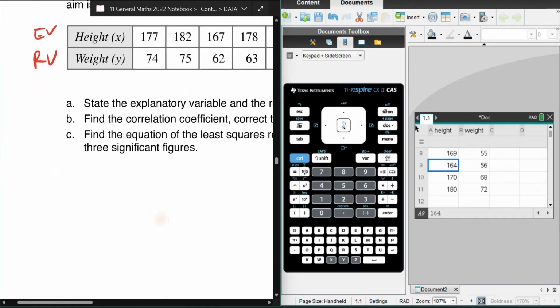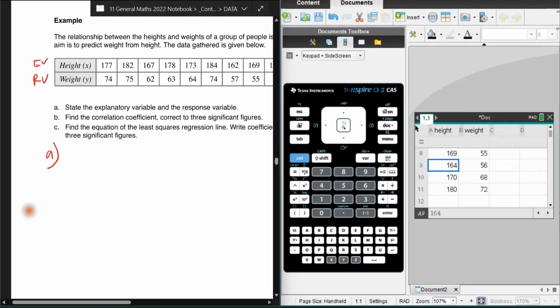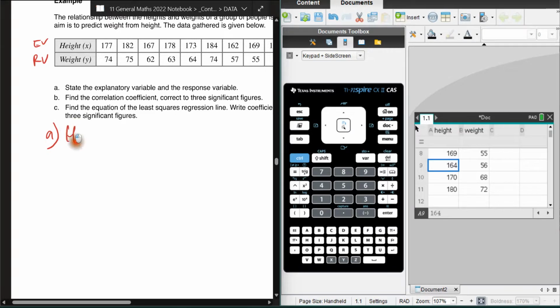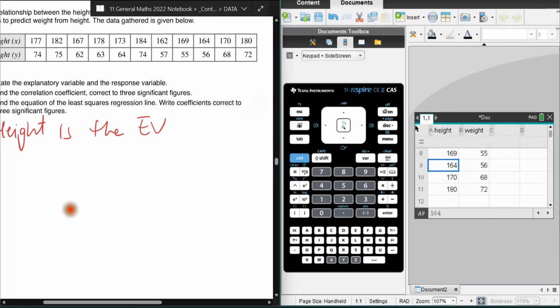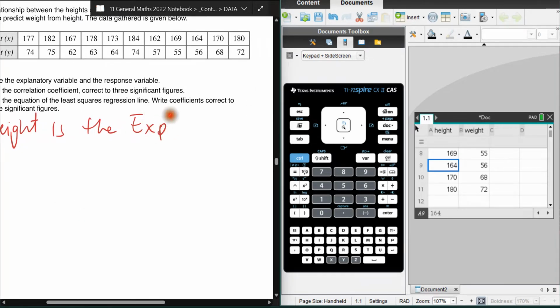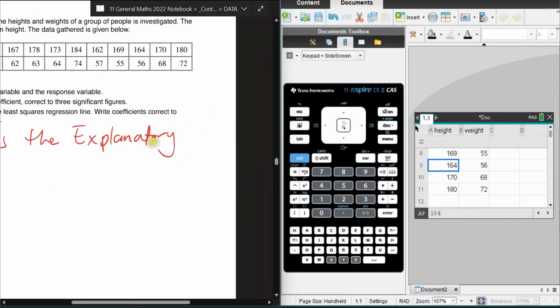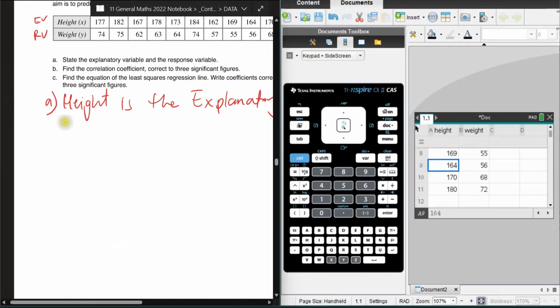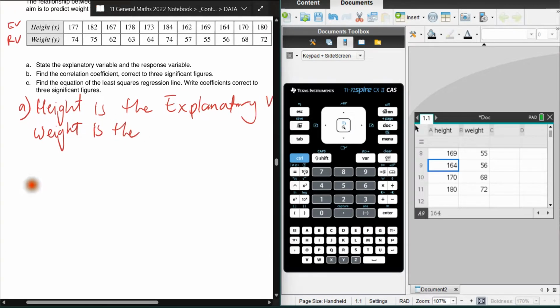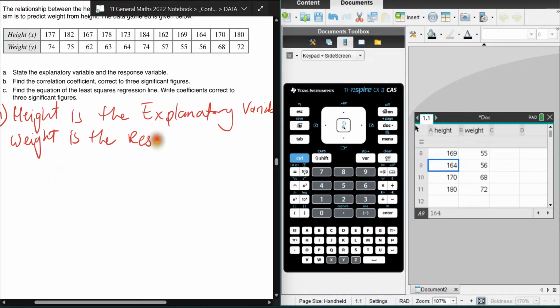So let's state that. Question A, the EV. So we go height is the EV. I would actually write explanatory variable instead, because you want to be exact with your answer. So the height is the explanatory variable and the weight is the response variable.